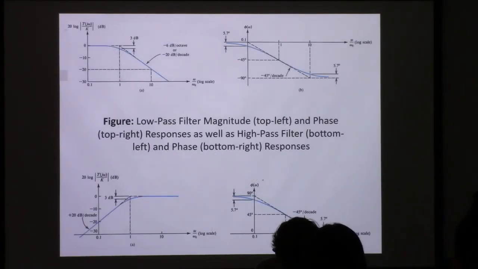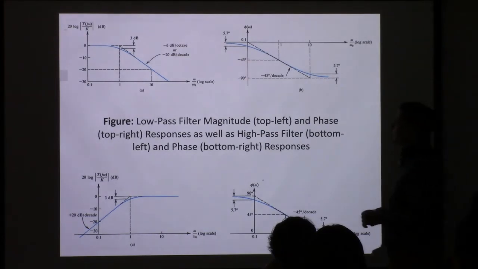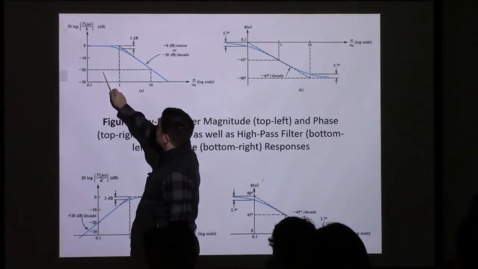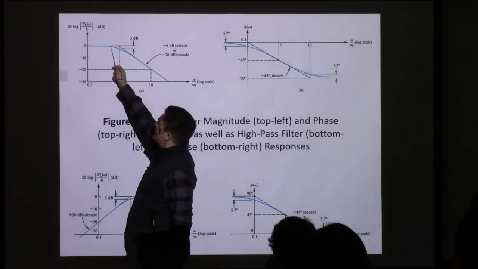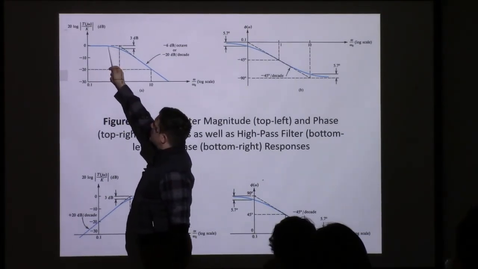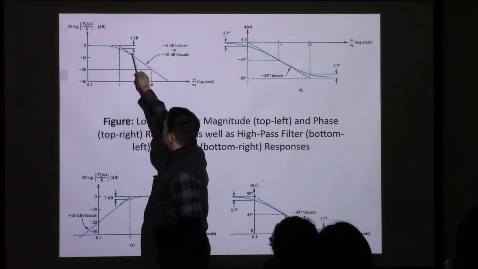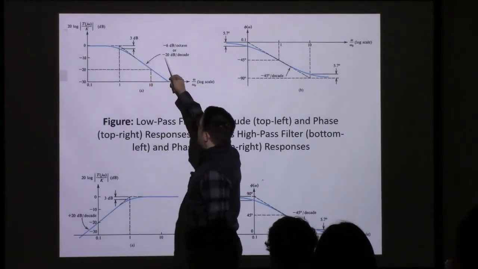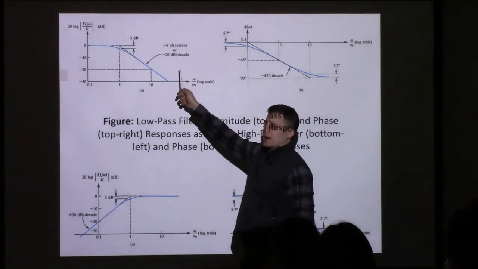And so these are what the responses look like in a graphical form. So we have the low-pass filter. Again, low frequencies, the gain will be equal to K. At the cutoff frequency, we have the inflection point, and it begins to go downward at negative 20 decibels per decade.